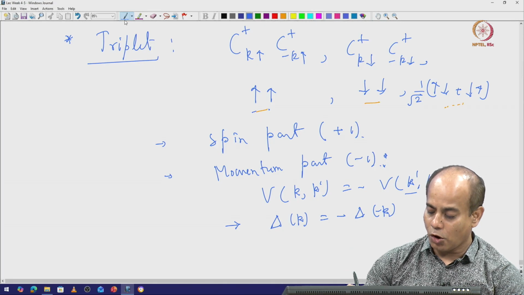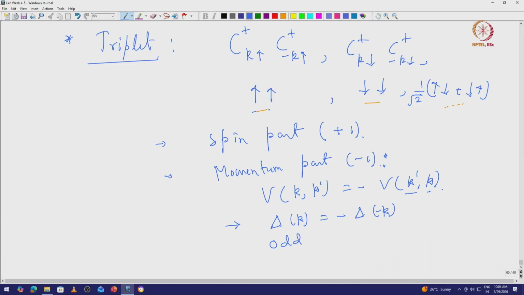and these are called odd parity, odd in momentum. Okay. And the examples will be p wave pairing.